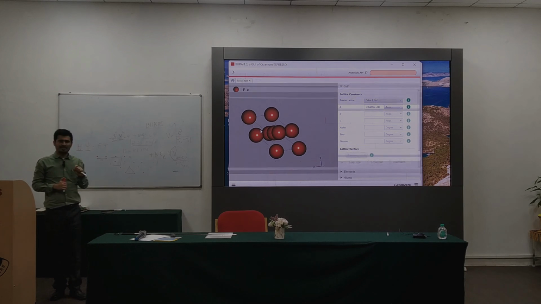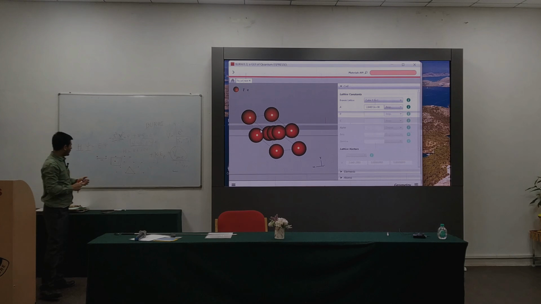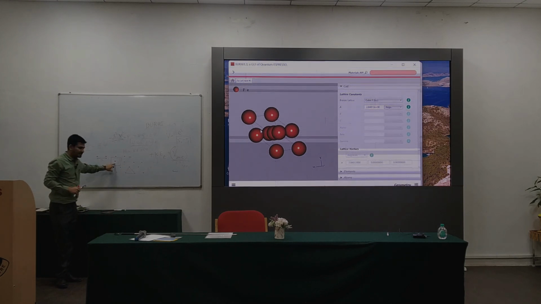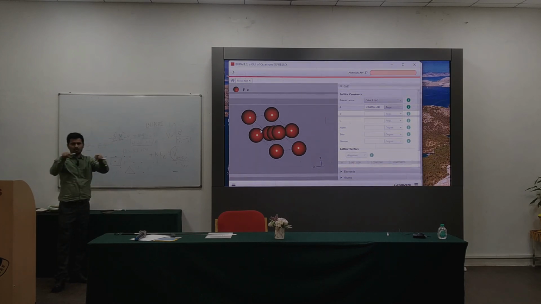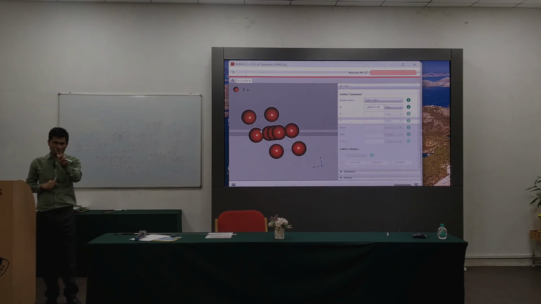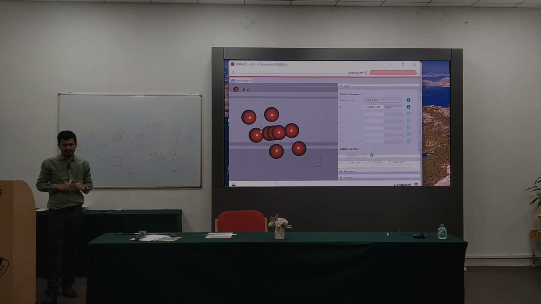Primitive cell means you should have only one lattice point within that cell. See, this is 1 by 3, 1 by 3, 1 by 3. This also is 1, but for a cubic lattice I can even make a cube. But if I have 2 lattice points inside a cell, that is a unit cell, not a primitive cell.